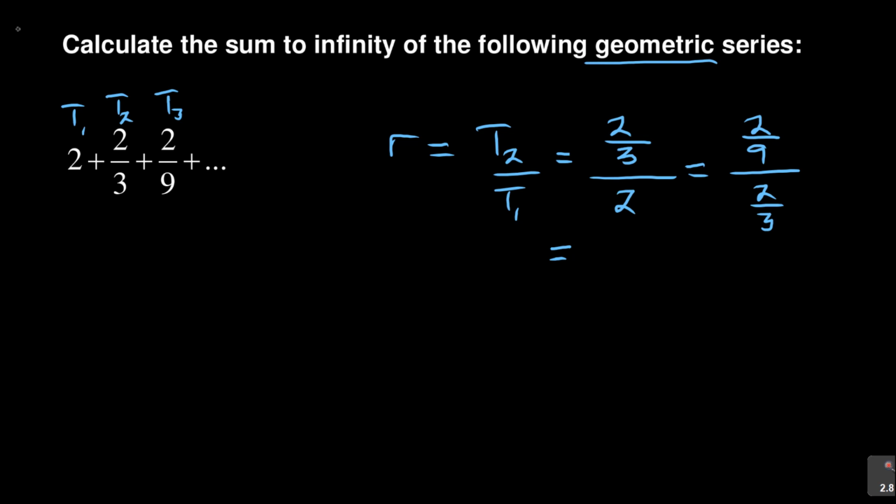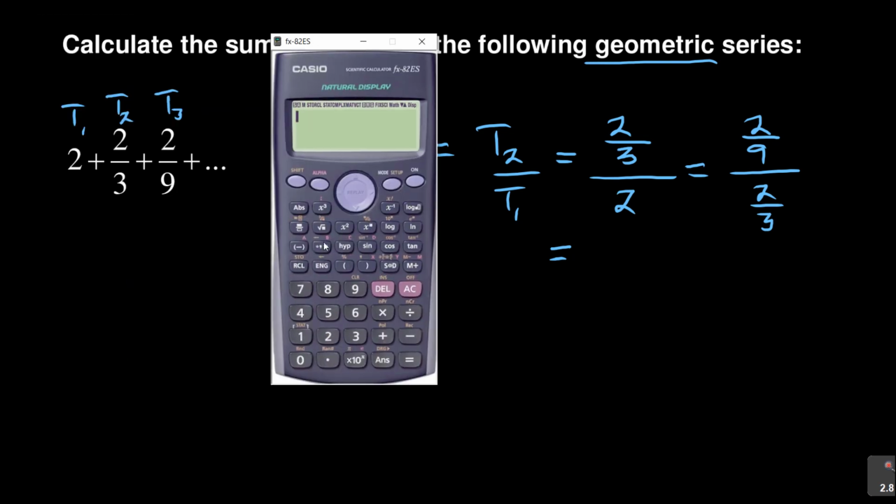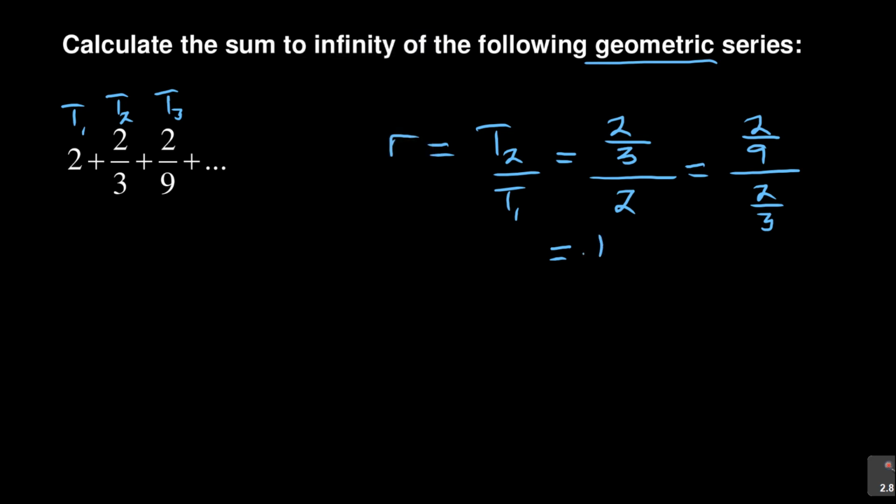If you calculate r, I've got a fraction on top, 2 over 3, and then divided by 2. The common ratio is 1 over 3. Let's try the other one. There is a fraction on top, 2 over 9, and another fraction below, 2 over 3. You just have to check that you are getting 1 over 3, so you'll know you didn't make errors.